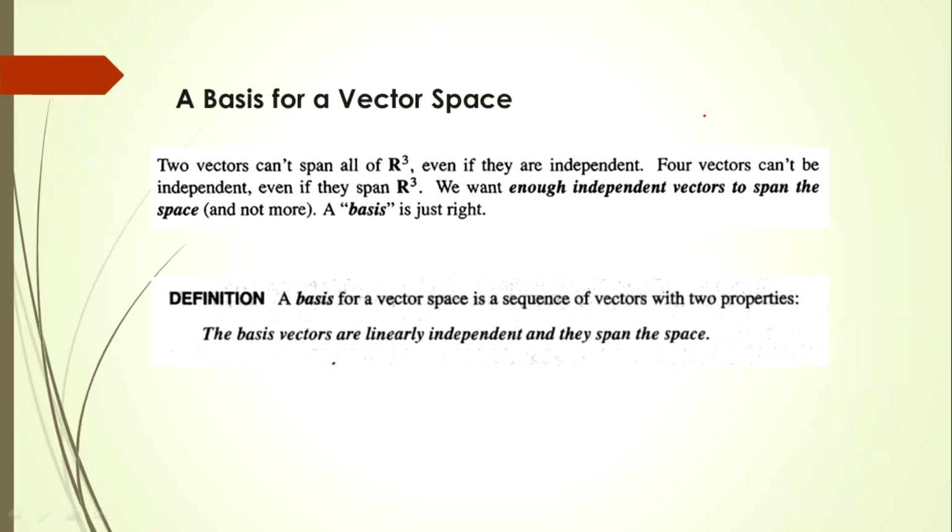So, for example, there are two independent vectors, 1, 0, 0 and 0, 0, 1.